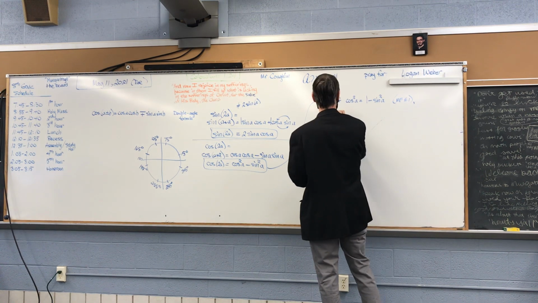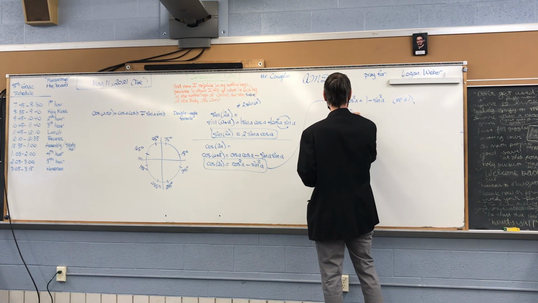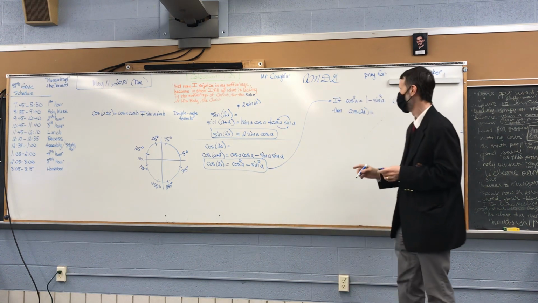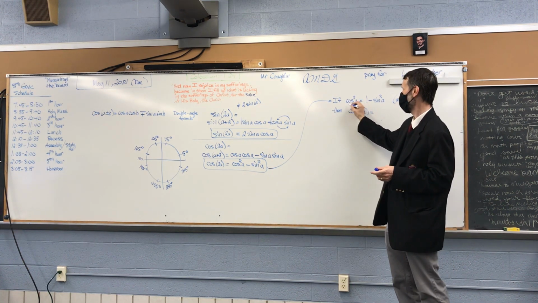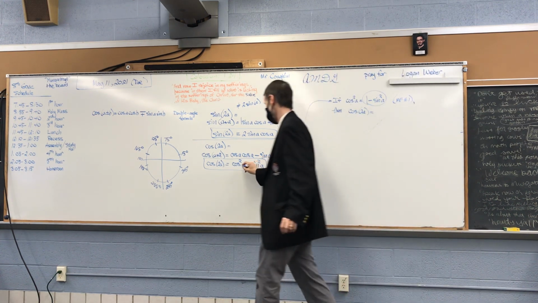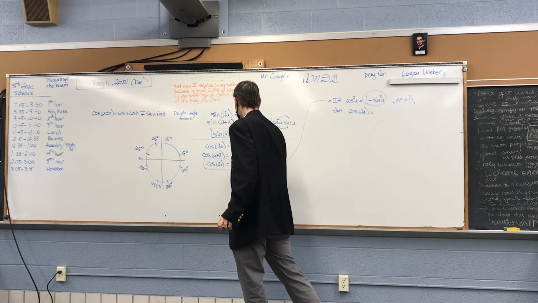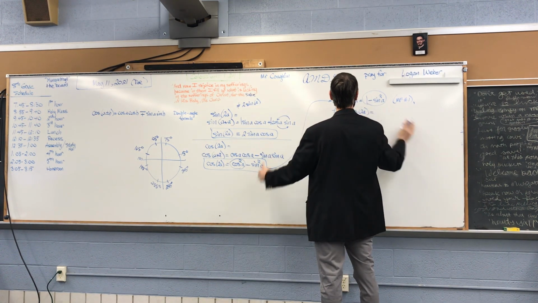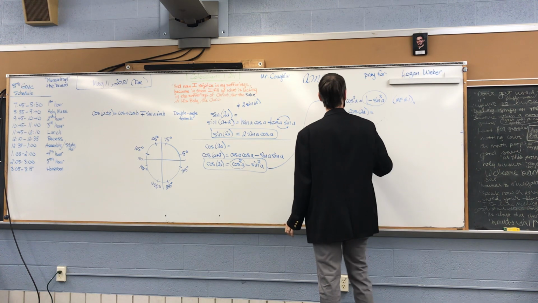Then cosine of 2A equals, you notice it said cosine is equal to something else? That means instead of cosine, or actually, I gave the wrong one.